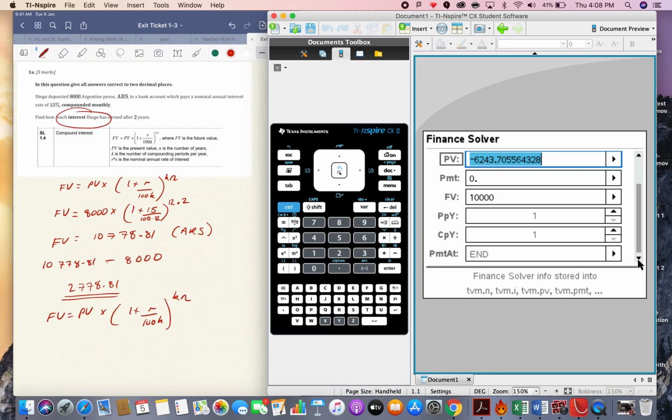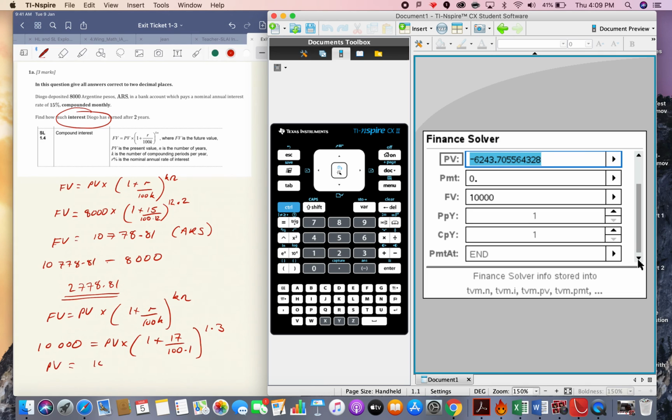So let's transfer things in. Final value is 10,000. PV is what we're trying to find, times 1 plus 17 over 100 times k, where k is 1 for yearly compounding, to the power of 1 times 3.